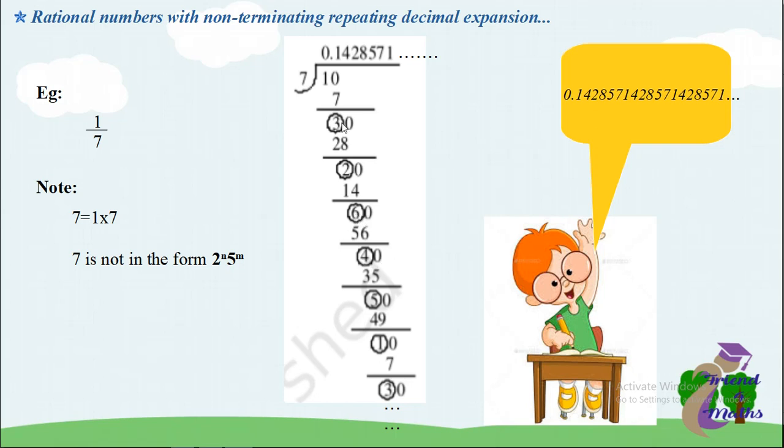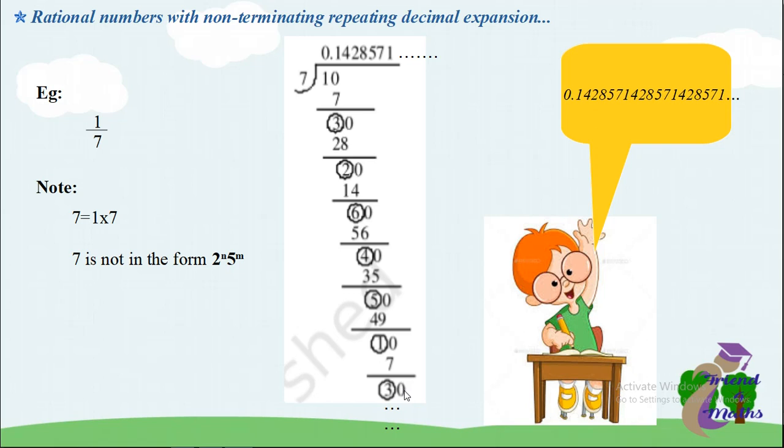Adding the 0, 7 will go in 40 for 5 times. 5 into 7 equals 35, and again the remainder is 5, and in 50 the 7 will go for 7 times. 7 into 7 is 49, and the remainder will be 1. Again adding the 0, we get 10, and 7 will go in 10 for 1 time, that is 1 into 7 equals 7, and the remainder is 3.